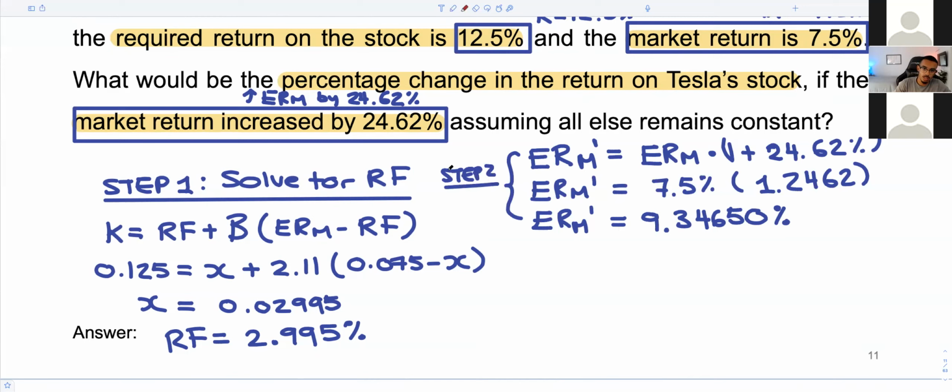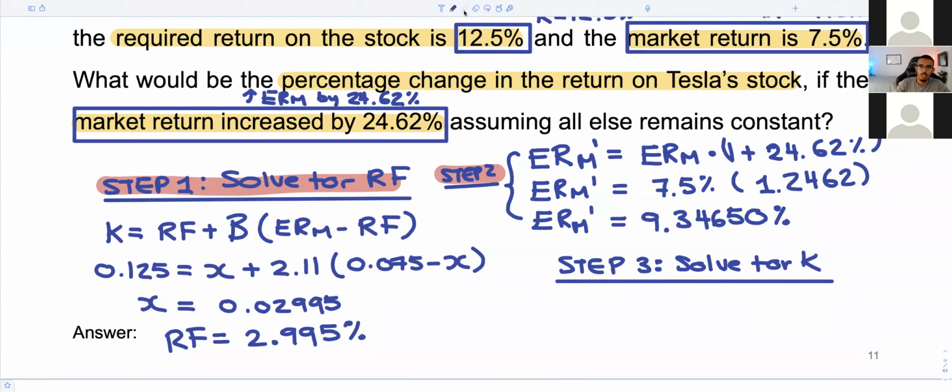I'll highlight it in yellow or in red. Step 1, step 2, and we could right now do step 3: solve for K. Now it's really easy because once again, we're just plugging in everything that we have within our formula.